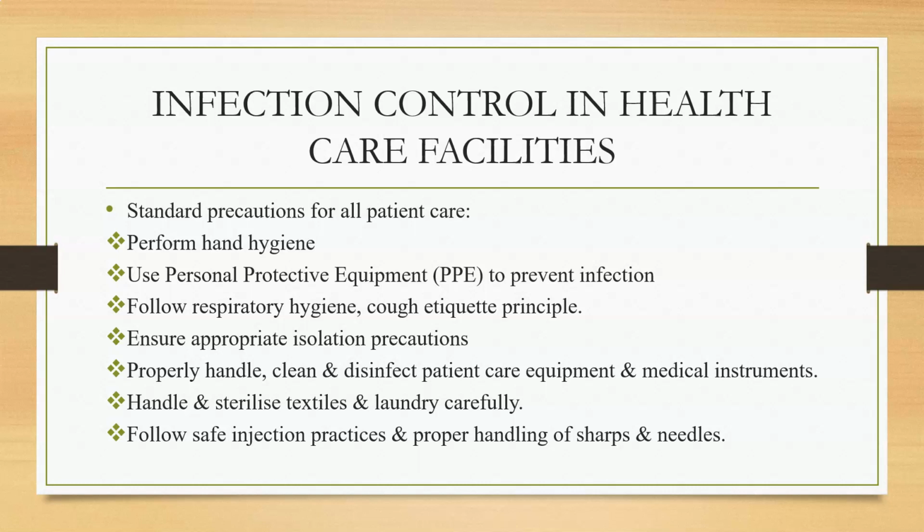Follow respiratory hygiene and cough etiquette principles. Ensure appropriate isolation precautions. Properly handle, clean, and disinfect patient care equipment and medical instruments. Handle and sterilize textiles and laundry carefully, and follow safe injection practices and proper handling of sharps and needles. With these measures, at least 20 to 30% of nosocomial infections and other infections can be prevented, and major diseases can be prevented.